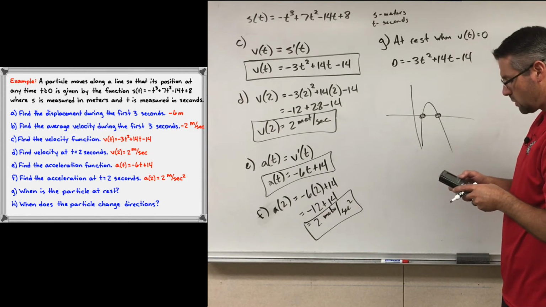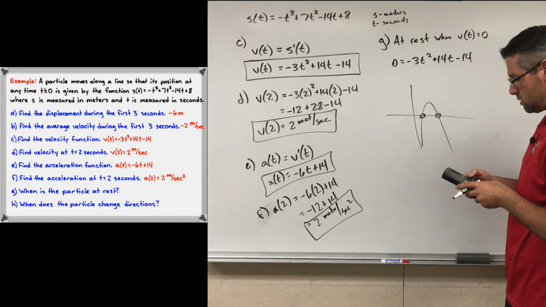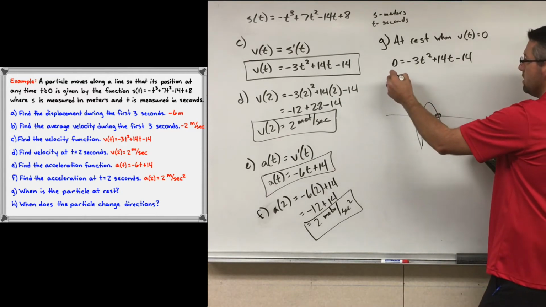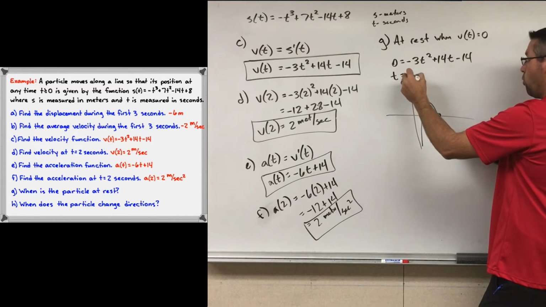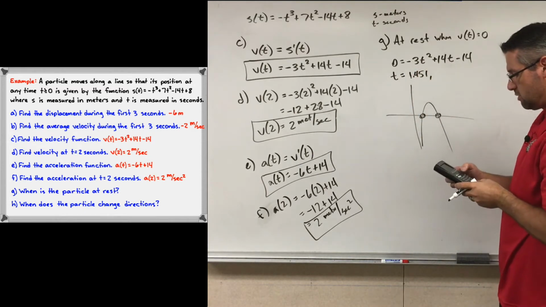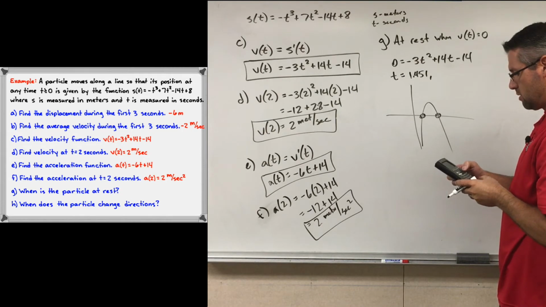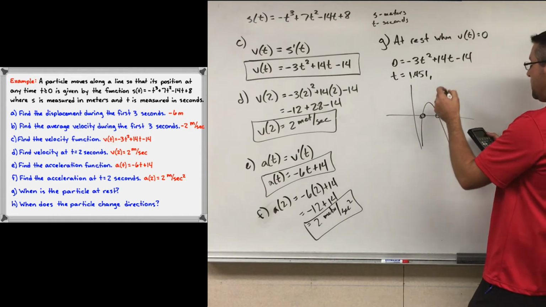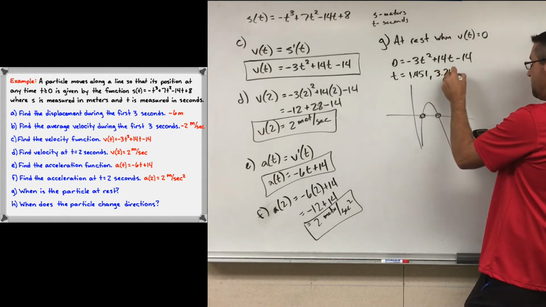So 0, and we'll go to the left at 1, and then to 2 is the right. So we got t equals 1.451, and then we'll find the other 0. Lower bound, upper bound, and we end up with 3.215.